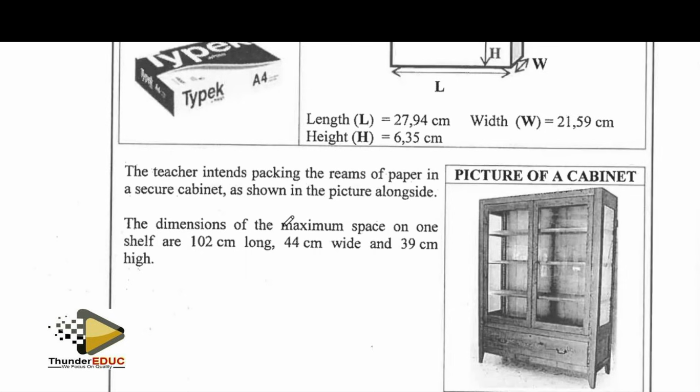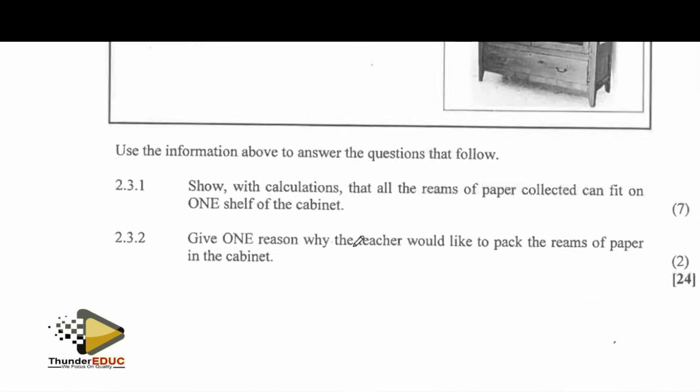So the dimensions of the maximum space on one shelf is 102 centimeters long, 44 centimeters wide, and 39 centimeters high. So show with calculations that all reams of paper collected can fit on one shelf of the cabinet.